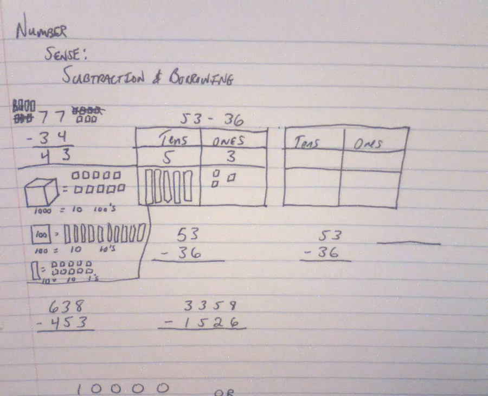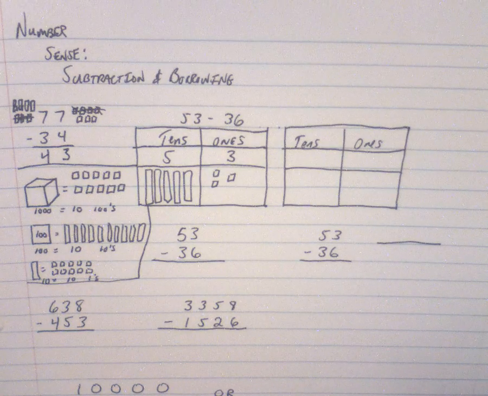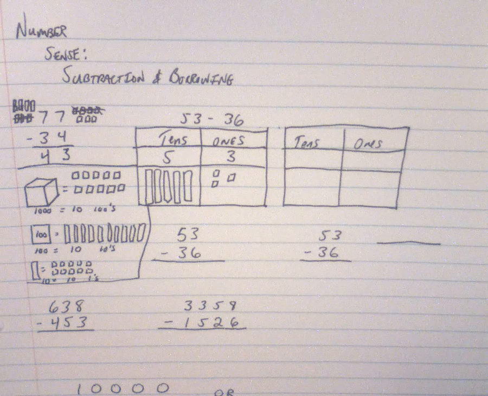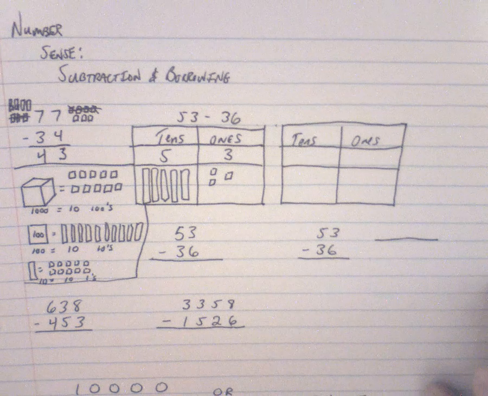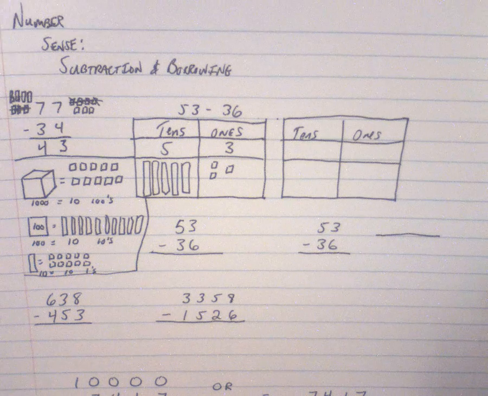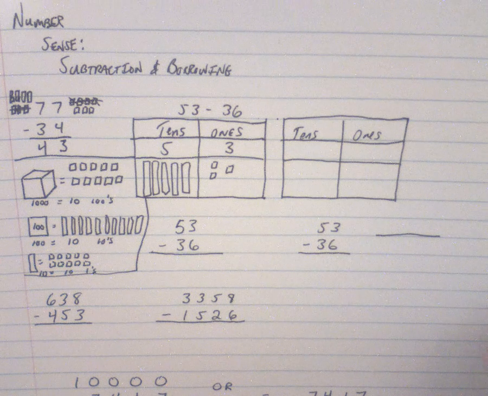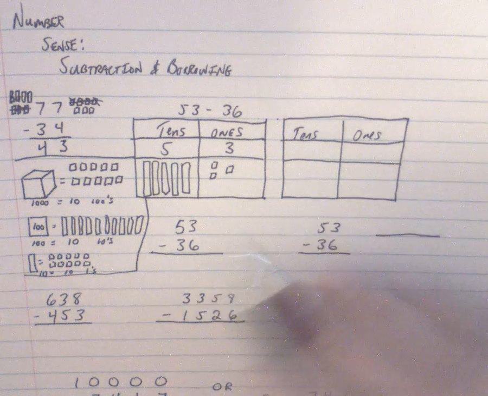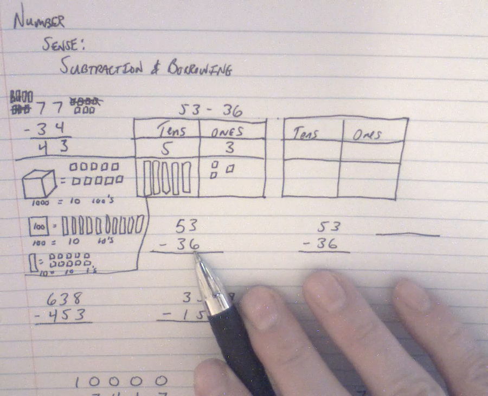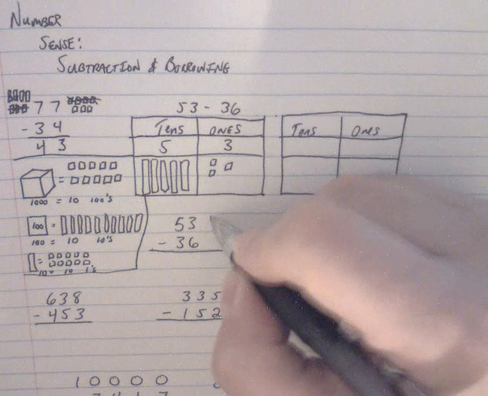The hard part is when we get into borrowing. Borrowing really seems to trip people up. The first thing you have to notice is that with subtraction, if there is a bigger number on the bottom, like this, I have 3.